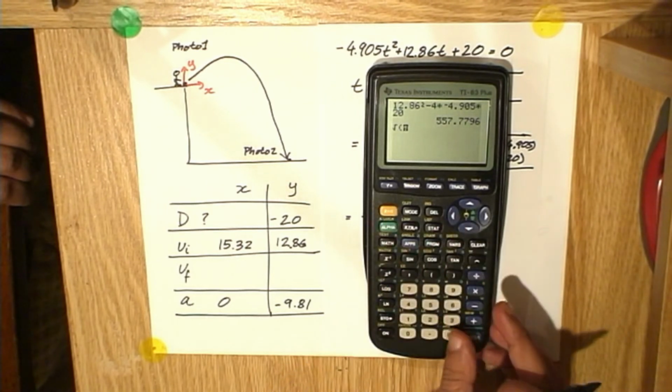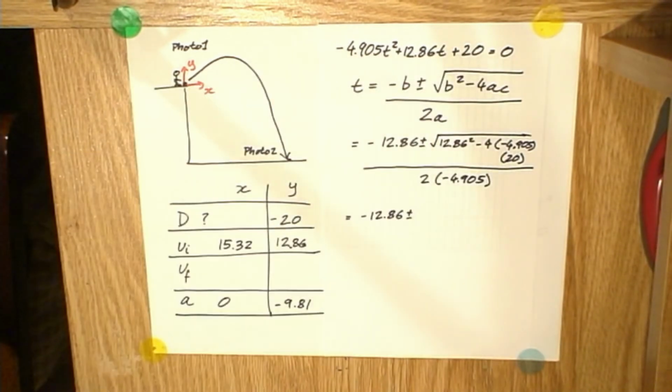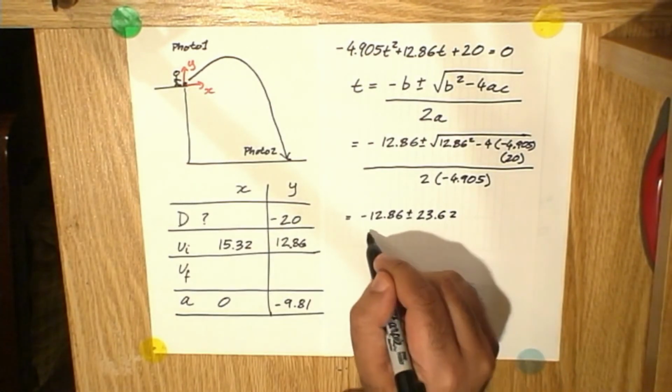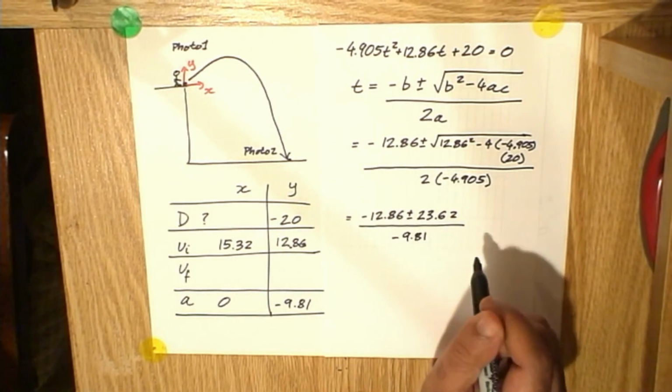And the square root of that is 23.62, all divided by negative 9.81.